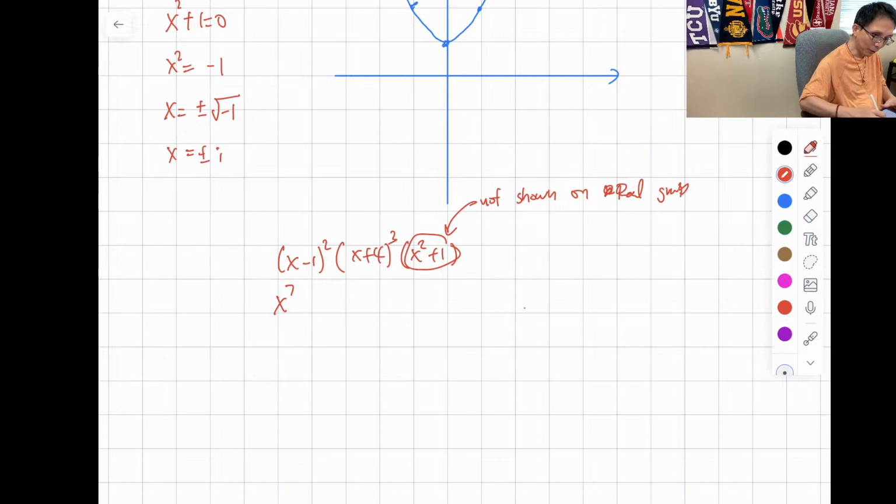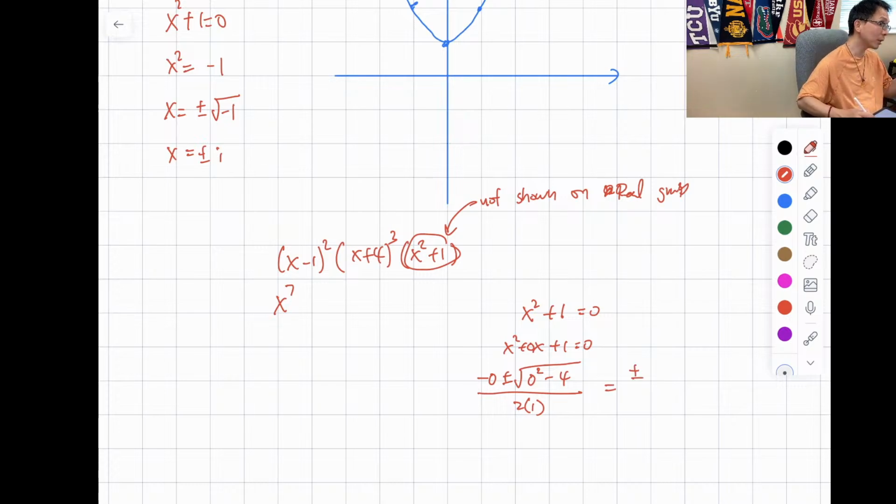And also if I were to use the quadratic formula for this, imagine that's x squared plus 0x plus 1 equal to 0. The quadratic formula is negative 0 plus minus the square root of 0 squared minus 4, over 2 times 1. See, this is a plus minus. Why do they come in 2? One is positive, one is negative. They always come in pairs.